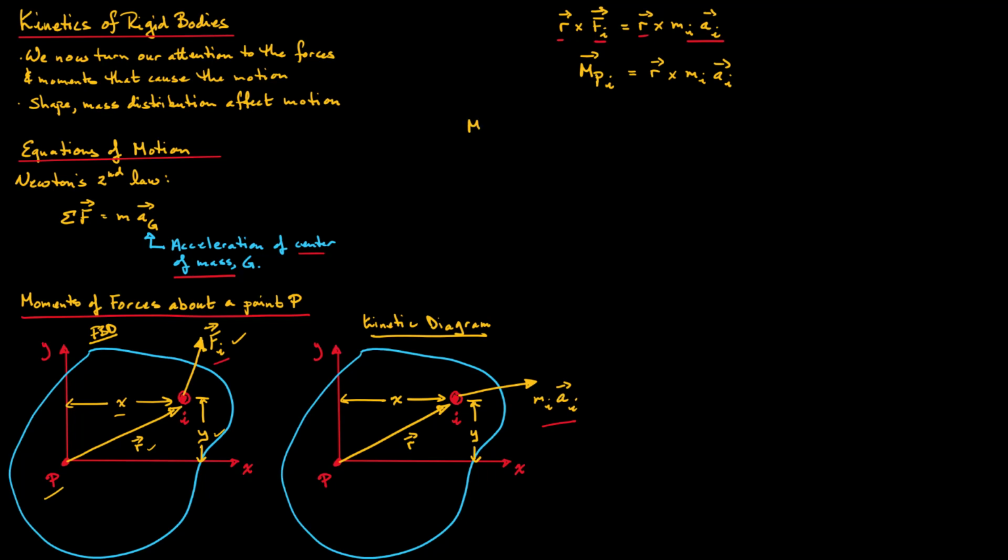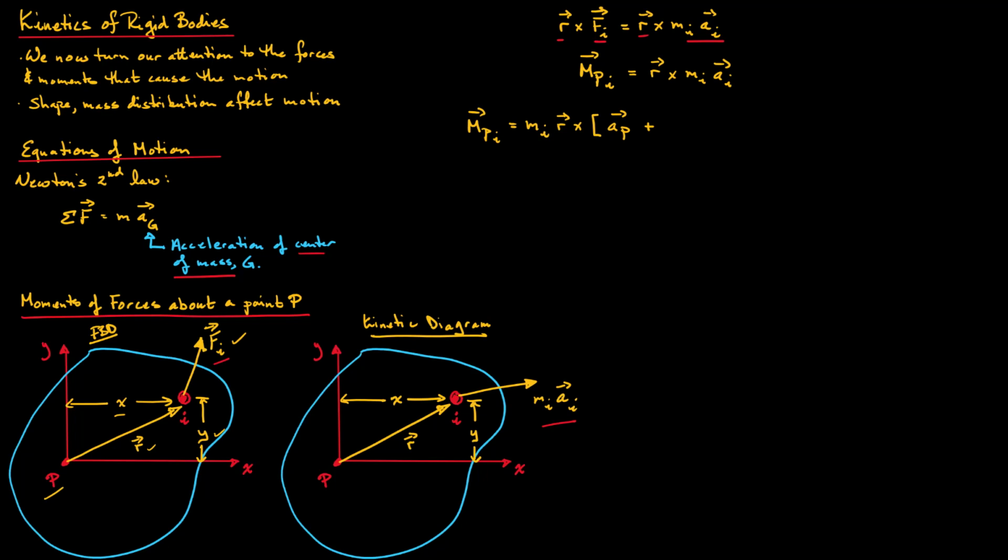So we'll write this as MPi is equal to the cross product of r, and what we can do is actually take out the mass as well, as this is a constant, so we'll take mi, r crossed with the acceleration at point I. Now we're going to assume that this is undergoing general planar motion, so we can say that this is equal to our acceleration at point P plus the relative acceleration of point I with respect to point P. So recall that that mimics fixed axis rotation.